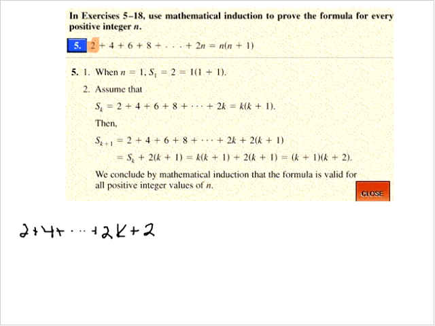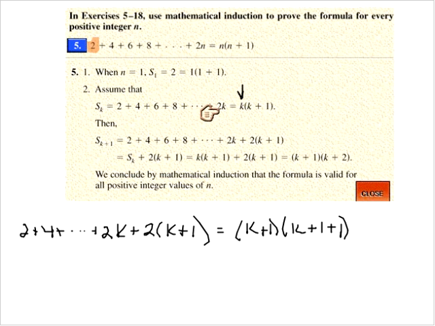Now we're going to add on the 2, and we insert that k plus 1. So right now we have all of this plus your additional 2 times your k plus 1. And we want to show that that actually equals your k plus 1 times k plus 1 plus 1.